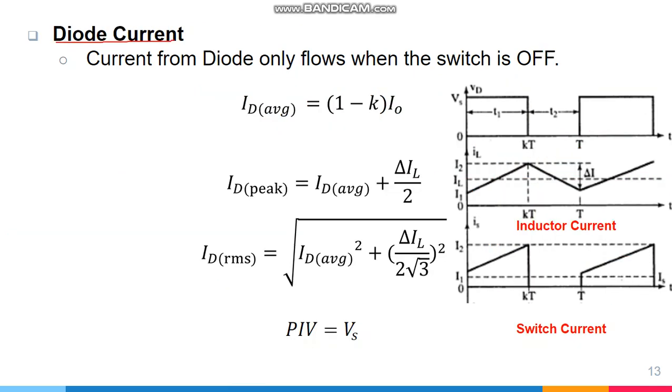Now it's time to calculate the diode current. The current from the diode only flows when the switch is off, and if the switch is on for k percent of the cycle, then it is off for the 1 minus k part of the cycle.